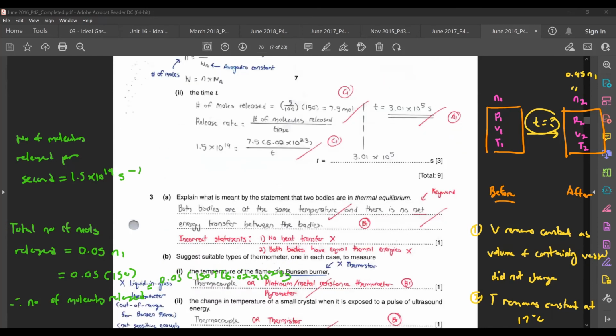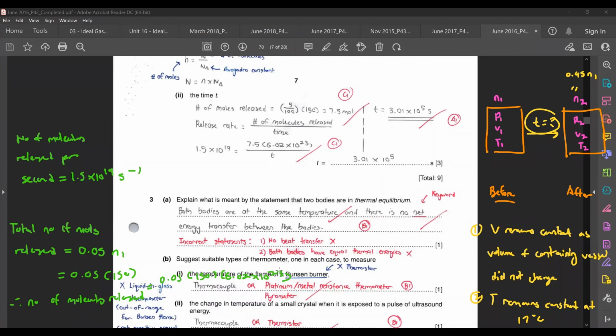This is basically what we are trying to find out. We know the number of molecules released per second is this value. We know the total number of moles released is this value, but I'm interested in the number of molecules. So I take whatever I just found, the number of moles, and multiply with the Avogadro constant.